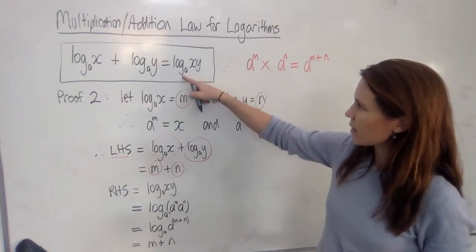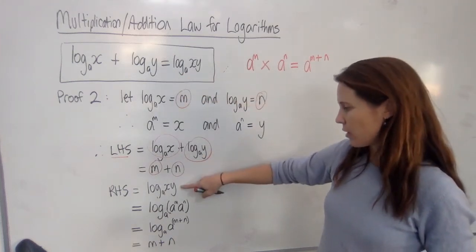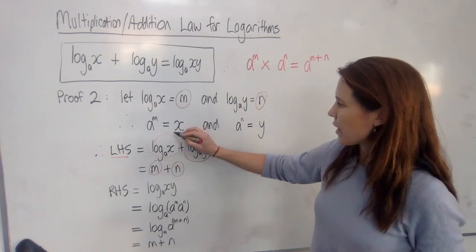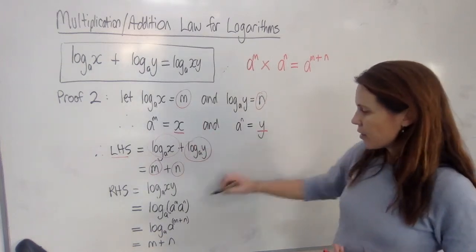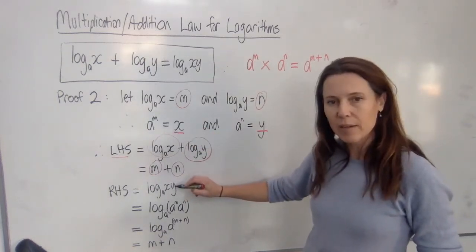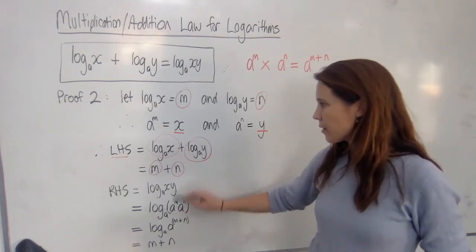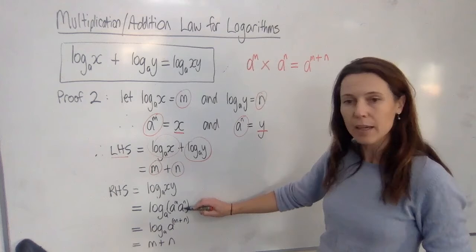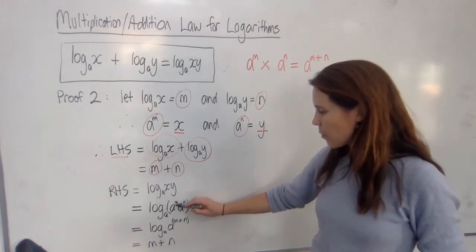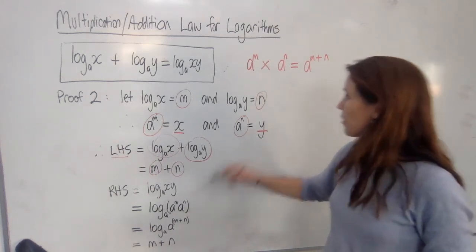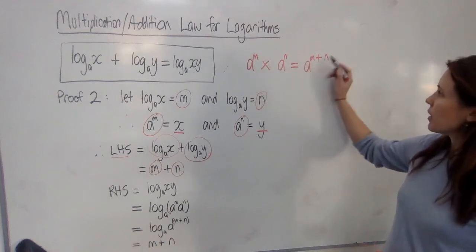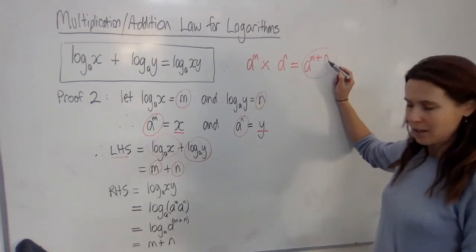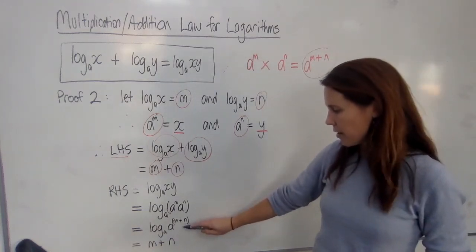Okay, how does that help? Well, if we look at the right-hand side and write that expression out, we now have an expression for x and for y. So instead of writing x and y here, we can actually sub in what x is here and what y is here. Now we've got a to the power of m times a to the power of n, and we already know what that gives us. It gives us a to the power of m plus n, doesn't it? So that helps me get to this line.